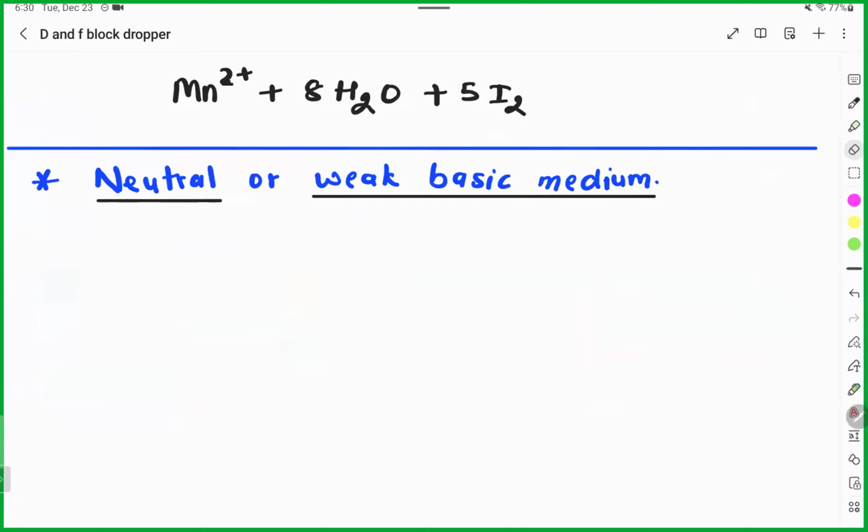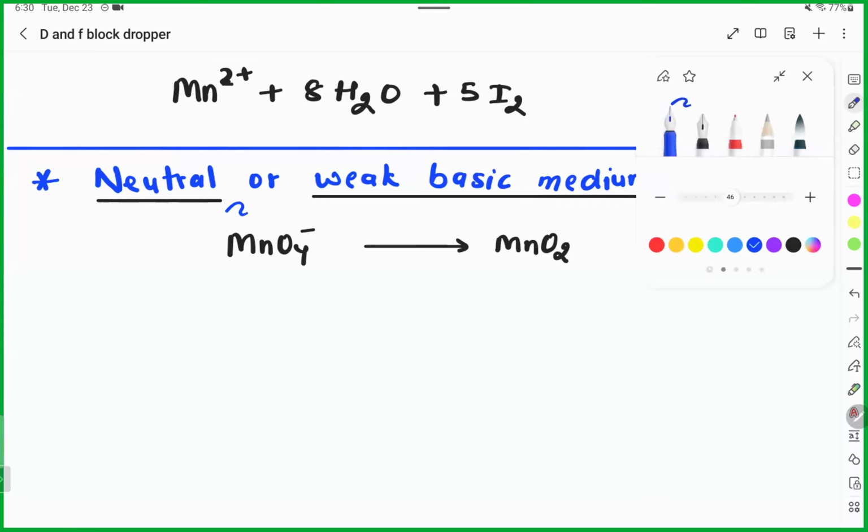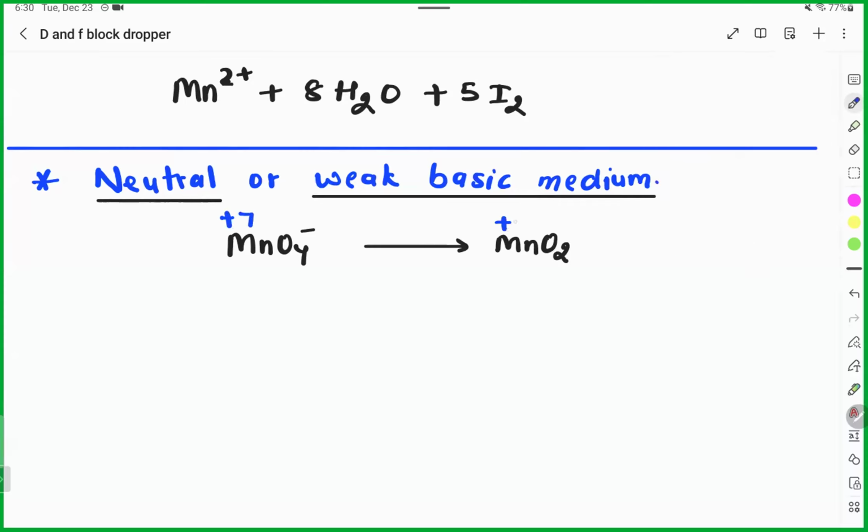Here we are talking about the basic medium. When you are talking about basic medium, you cannot have H⁺ in the reactant. Understood? So this reaction will be common: MnO₄⁻, meaning KMnO₄, in the basic medium converts into MnO₂. So the oxidation state goes from +7 to +4.